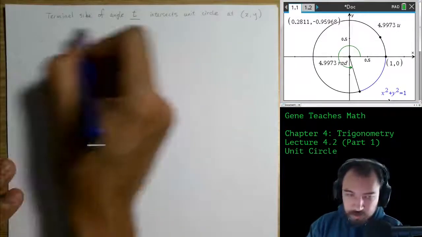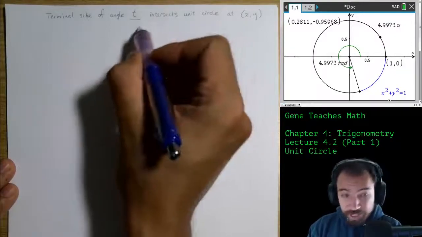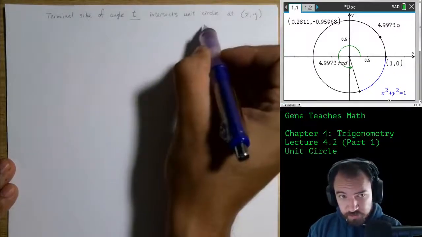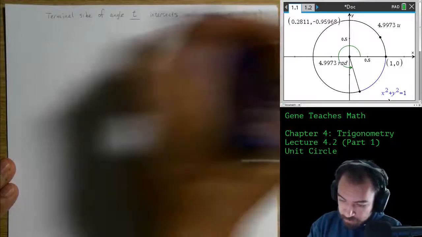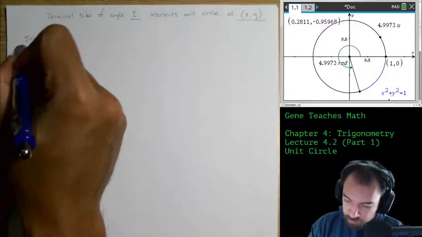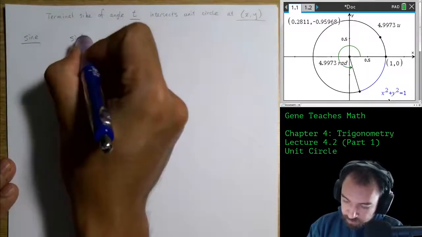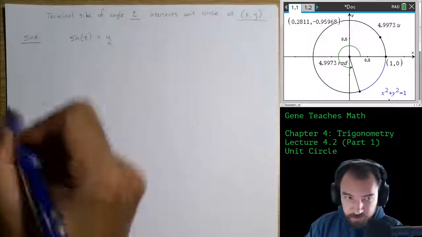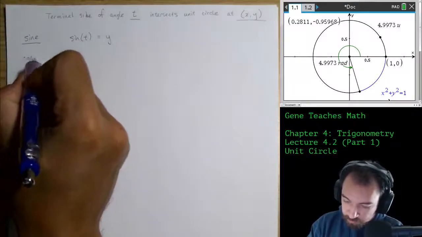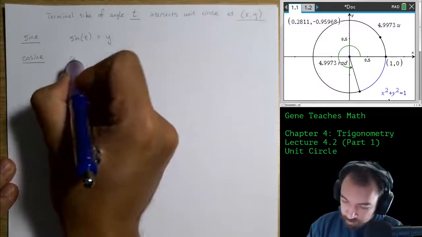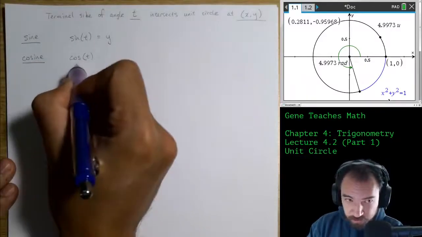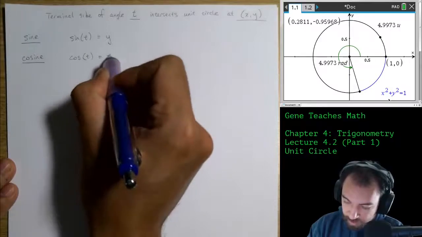So far, for the case where the terminal side of an angle t intersects the unit circle at a point x comma y, we have a function called sine, which is defined as sine of t is equal to the y-coordinate, and we have another function called cosine, where we write cos to say cosine. Cosine of t equals x.